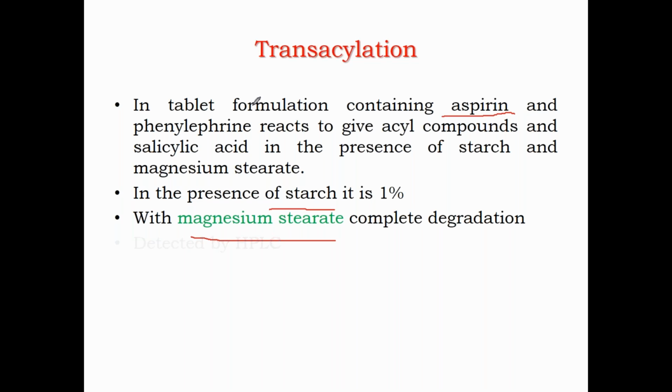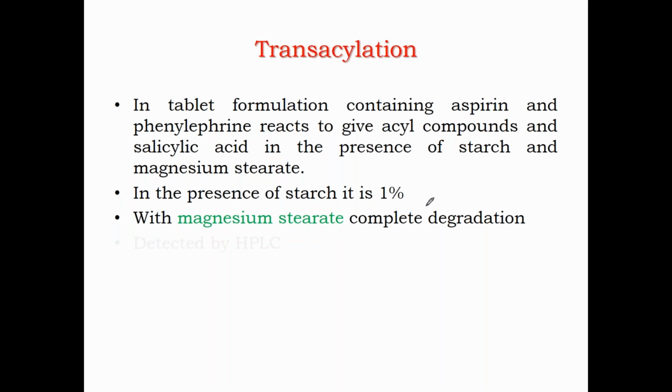The tablet formulation containing aspirin and phenylephrine, okay, there are two ingredients here. They reacted to give acyl compounds. It's one of the chemical reactions, called the acylation process. And it gives acyl compounds and salicylic acid in the presence of starch and magnesium stearate, which was not acceptable.